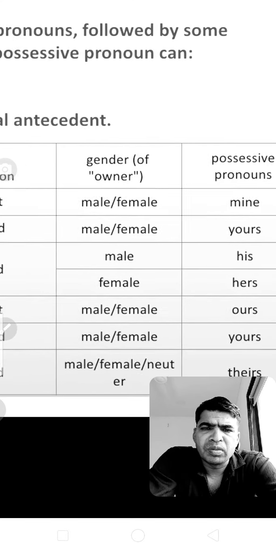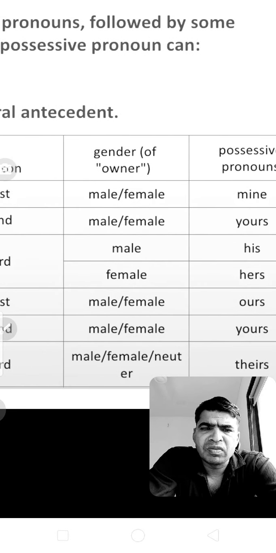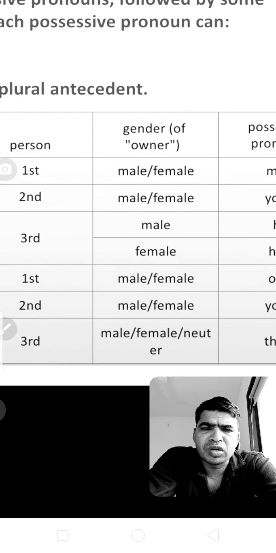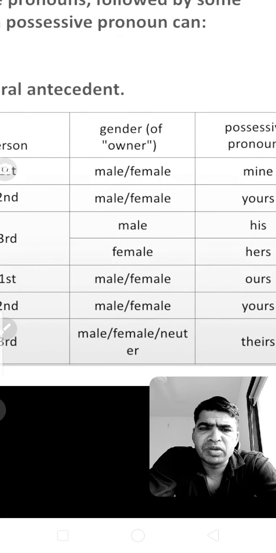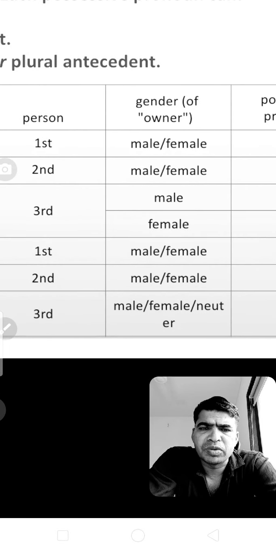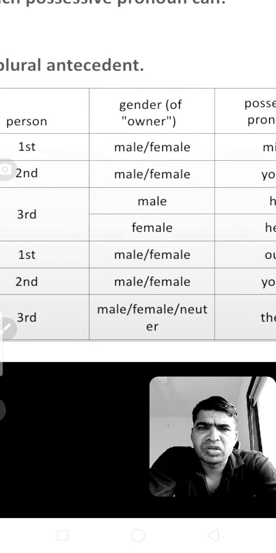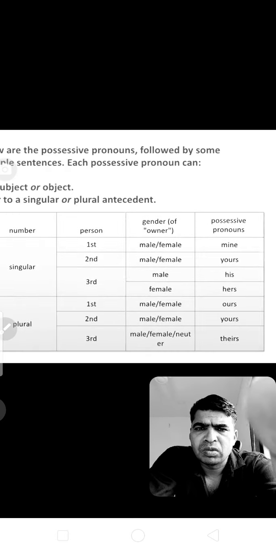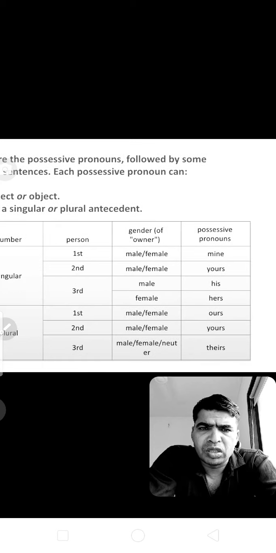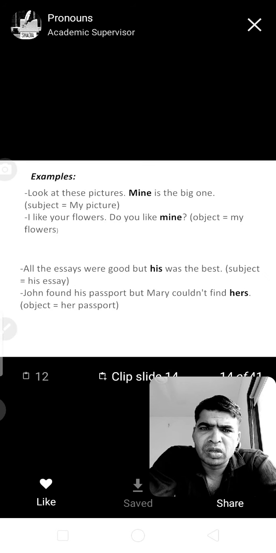Third person, male, his, female, hers. Plural, first person, male or female, ours. Second person, male or female, yours. And third person, male, female, or neuter, theirs. These are the examples of how we can use the possessive pronouns.